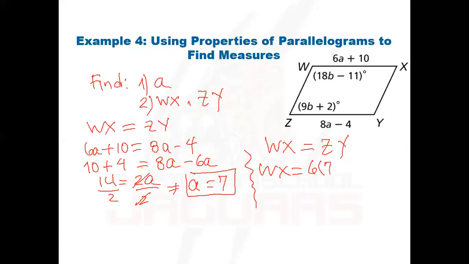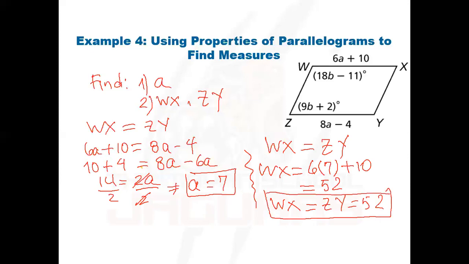It will be 6 times 7 plus 10, and this would be equal to 42 plus 10, it will be equal to 52. And this would be exactly the same as CY. So WX is equal to CY, and both of them, because they're congruent, equal 52. And this will do the first part of this exercise.